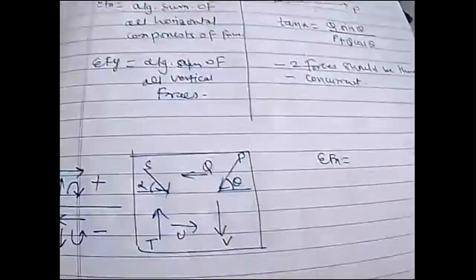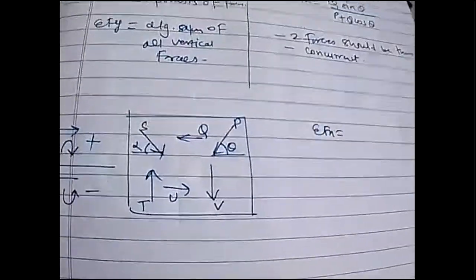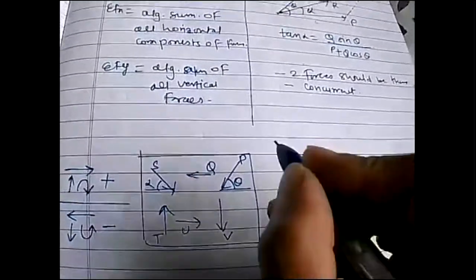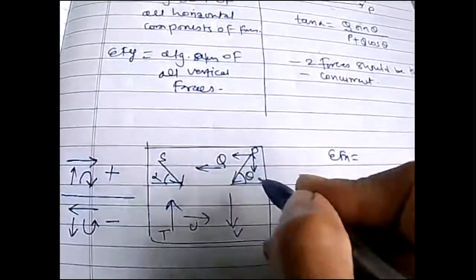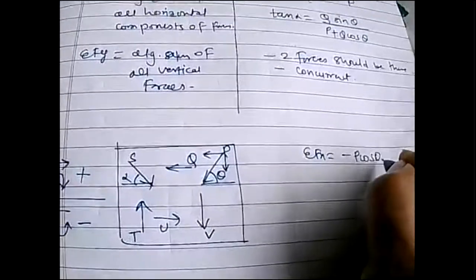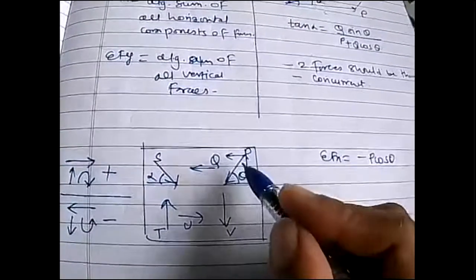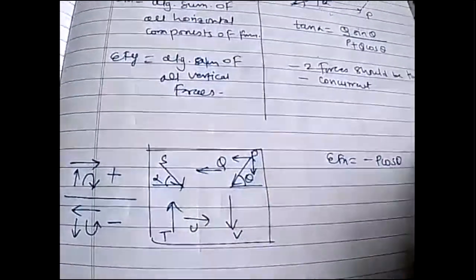So we'll work out summation Fx. As I told you earlier, summation Fx is the algebraic summation of all forces in the horizontal direction. Two components of this P will be like this. I'll name it negative P cos theta. Why? Because in resolution of forces we have learned, if inclination is given with horizontal, the horizontal component will become cos, and it is acting leftward, so it will become negative.